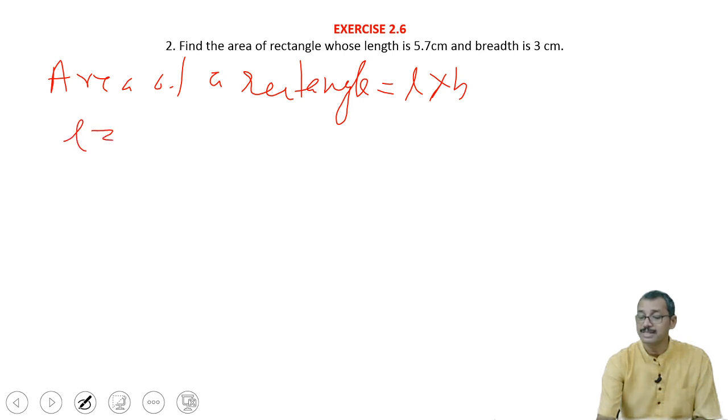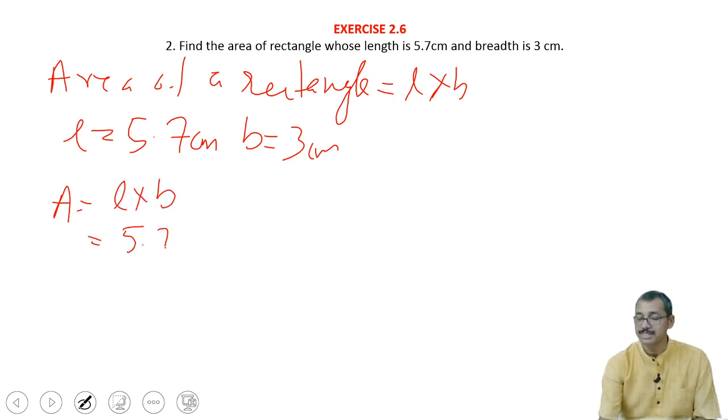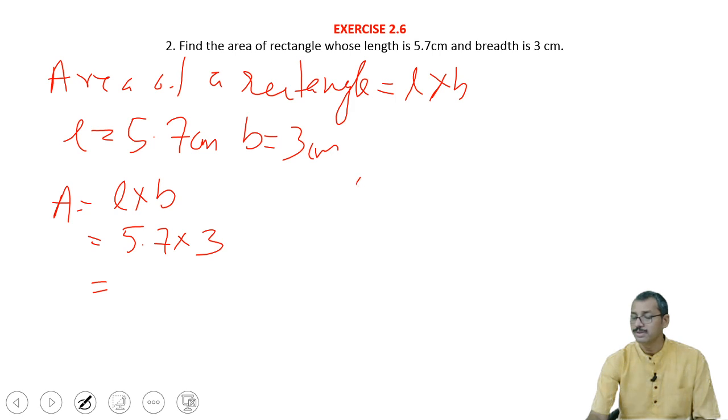Here length is equal to 5.7 centimeter, and breadth is 3 centimeter. So area is equal to length into breadth, which is equal to 5.7 into 3. So what to do? You have to do 57 into 3, correct?